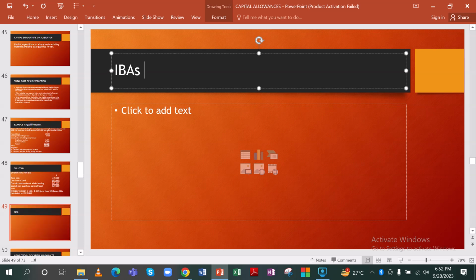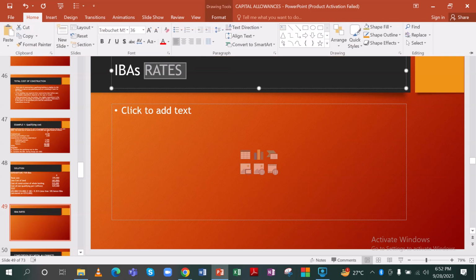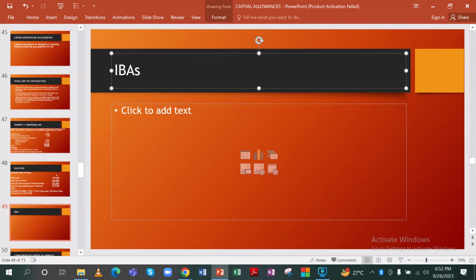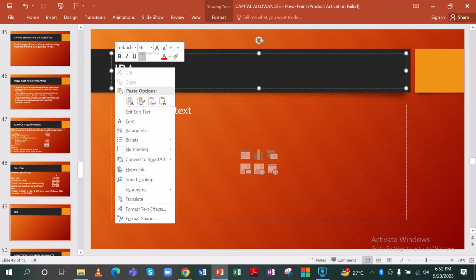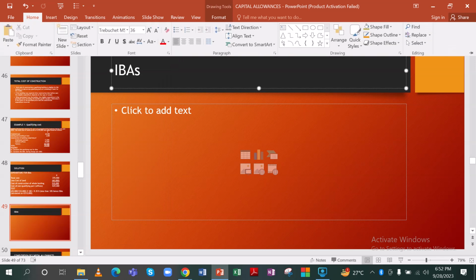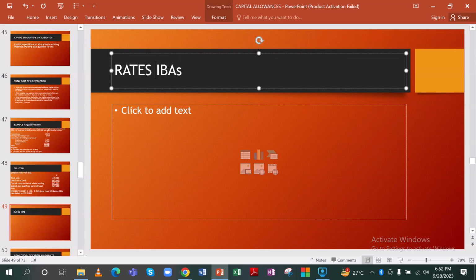Rates of industrial building allowances.